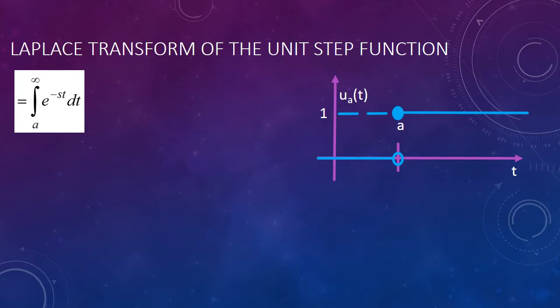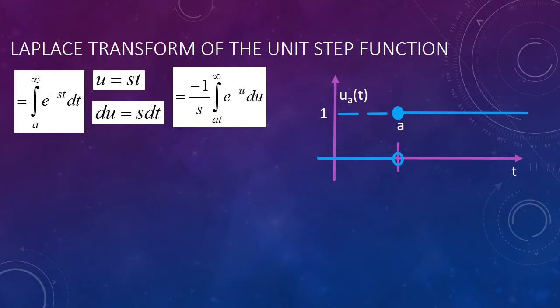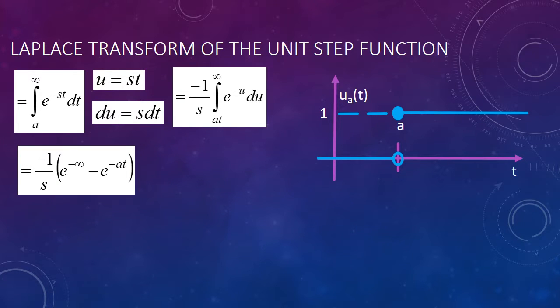And we've done this before. So we make our substitutions, solve the integral and evaluate our limits. And of course, e to the minus infinity is 0. And so what we get is that the Laplace transform of the shifted unit step function is e to the minus as divided by s.